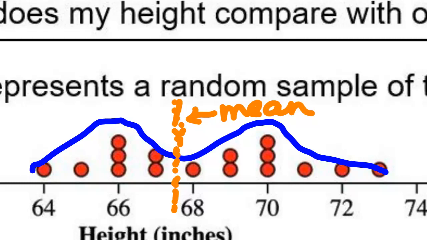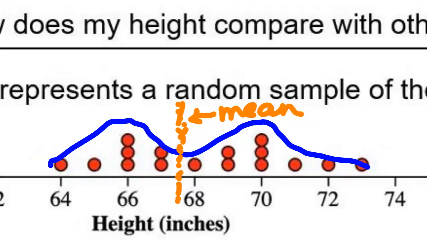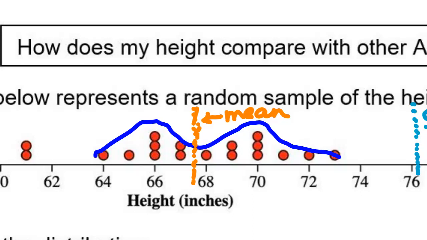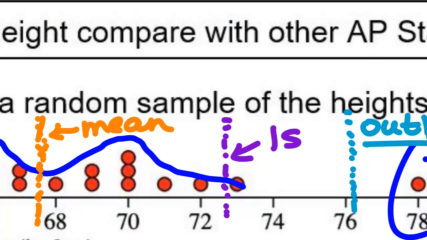So what's 67 plus 5? 72? So it'd be like 72.5. Right about here is 1 standard deviation away from the mean to the right, correct?